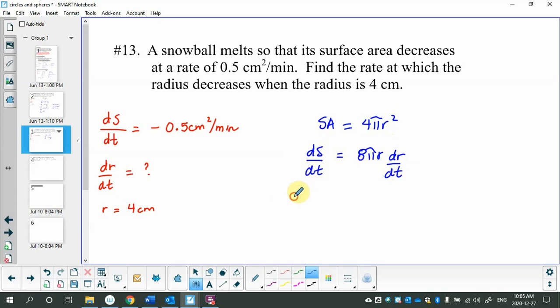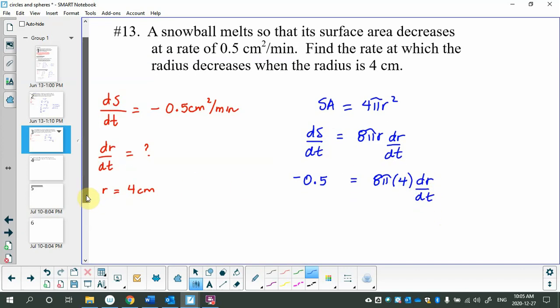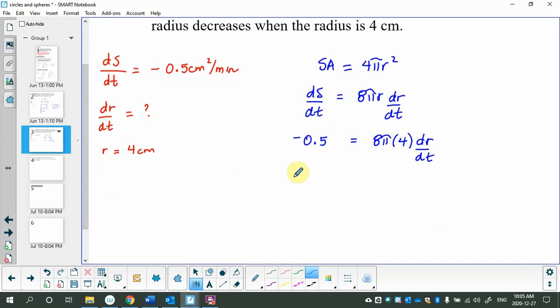Plug in the values. So this is a bit different as well. I get to put a value on the left-hand side, also a value on the right-hand side, but I'm looking for dr by dt, which is in this whole mess of stuff. So negative 0.5 equals 32 pi dr by dt.